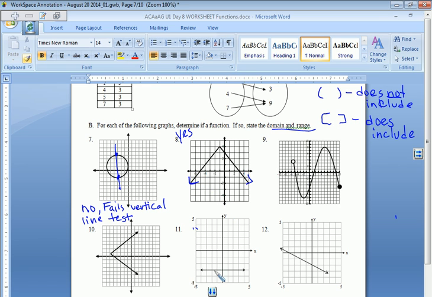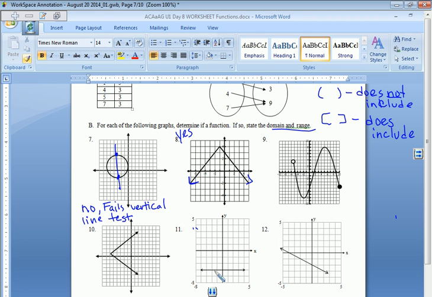Alright. Domain goes from left to right. And because I put arrows on the ends, this function goes out that way forever and out that way forever, doesn't it? So it goes from forever left to forever right.